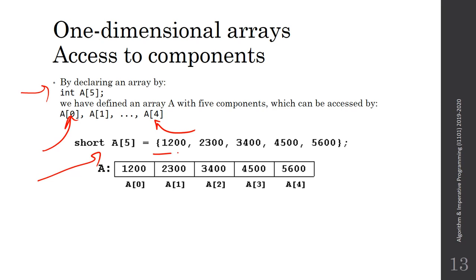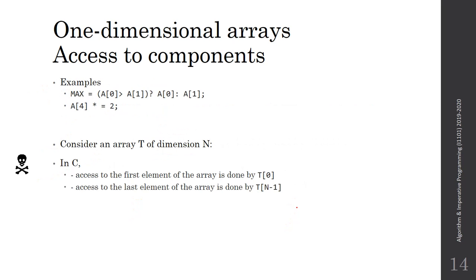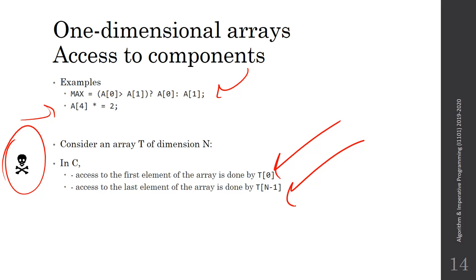The first element, which is 1200, is accessed by a[0], and the last element is accessed by a[4]. We can access the element as a simple variable, and we can use it, for example, inside a conditional expression, or we can add, increment, multiply, sum, all of these together. And again, as a remark, the first element is of index 0 and the last element is of index dimension - 1.